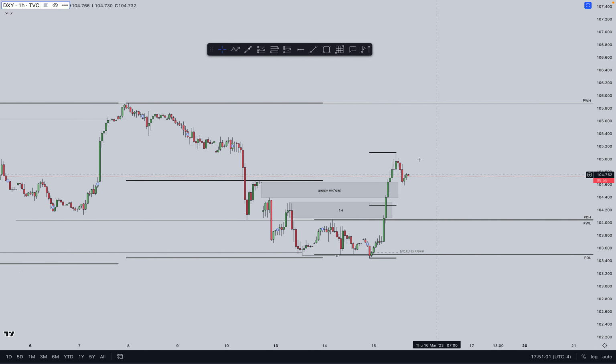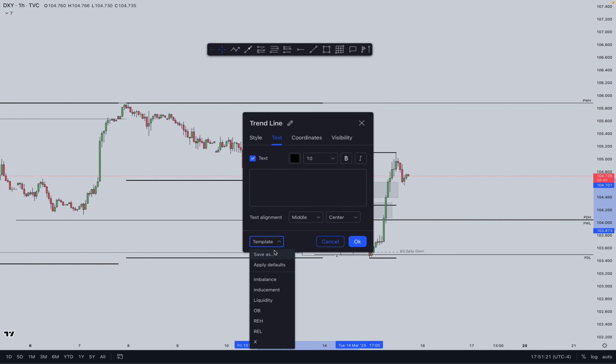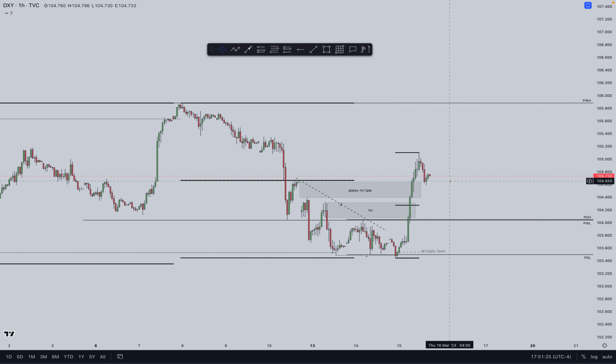So with this being now the new previous daily high, with this buy side liquidity trend now taken, I would expect there to be a retracement for lower prices.